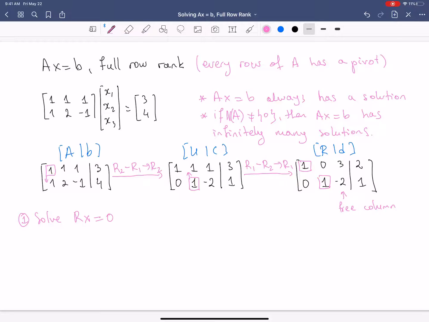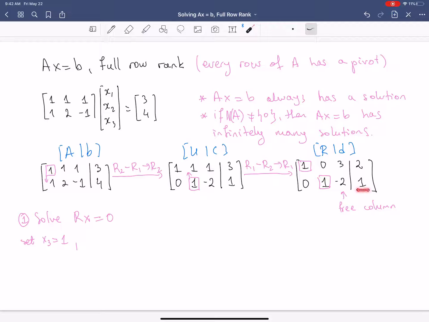We only have one free variable that corresponds to x3. We set that variable to 1. And then using that variable, we find x1 and x2. We start from the second row, so we focus our attention right here.